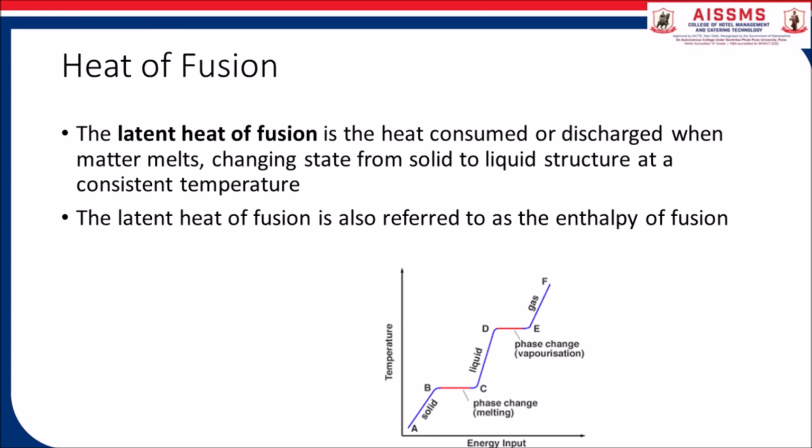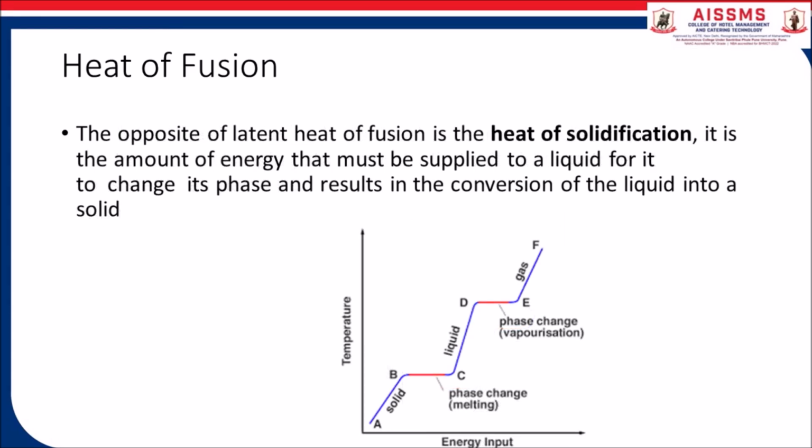Now, the opposite of latent heat of fusion is the latent heat of solidification, which is the amount of energy that must be removed from a liquid in order to facilitate a phase change and the conversion of liquid into a solid.